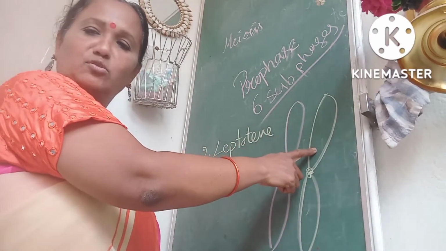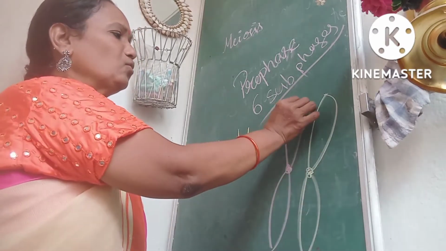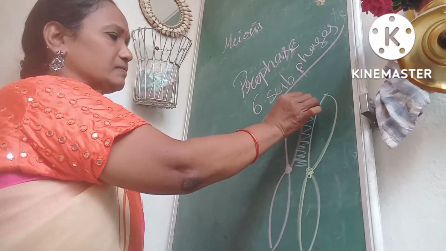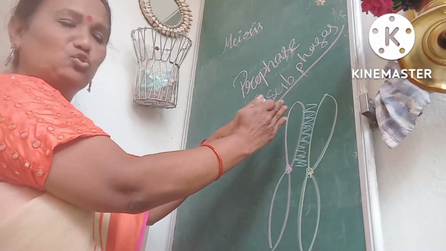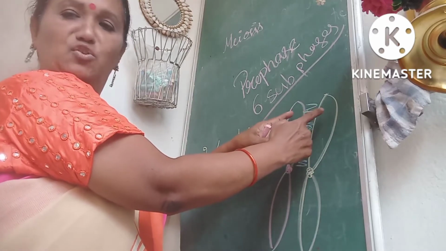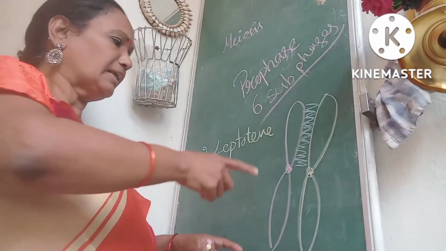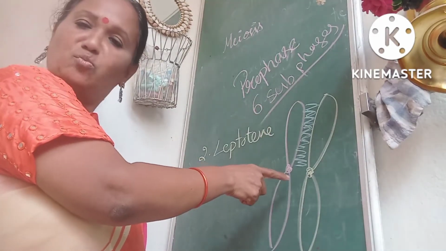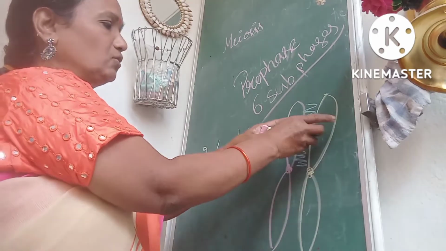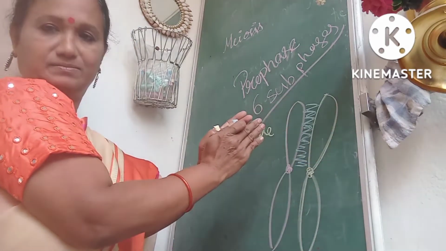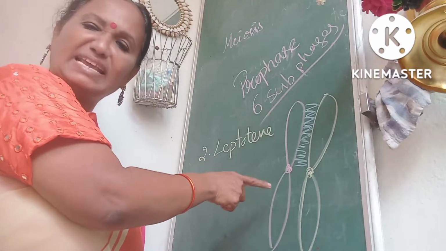The ends of the chromosomes converge towards one side of the nucleus, like this, they are converged, the side where the centrosome lies.